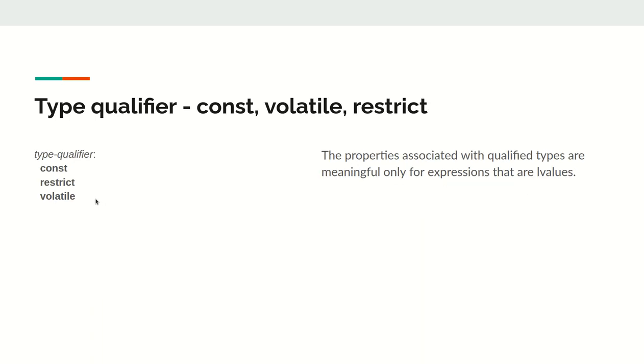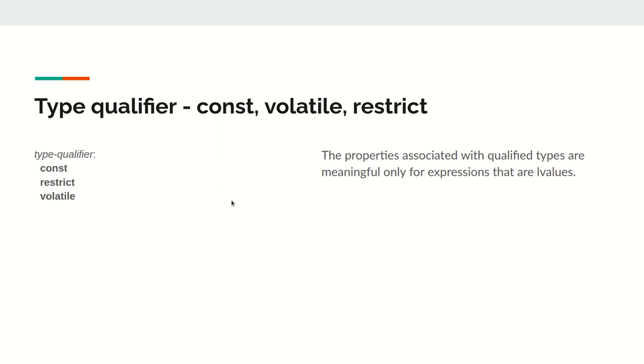Then comes the type qualifier. This is another non-terminal as part of the declaration specifiers. Here the type qualifier can be const, restrict, or volatile. So these are the three type qualifiers. The properties associated with qualified types are meaningful only for expressions that are lvalues. This lvalue comes into the picture when we discuss expressions, like when we are assigning some value to the left-hand side.